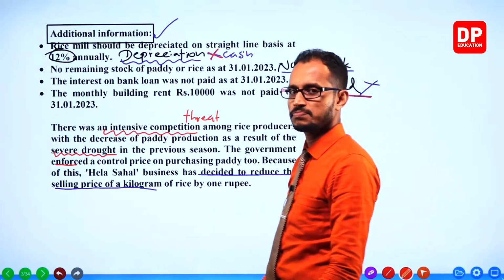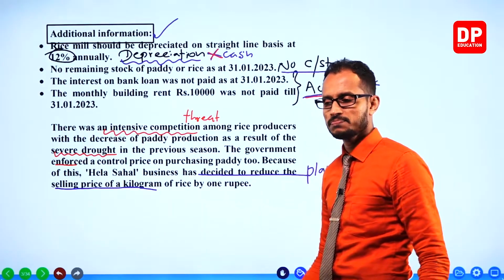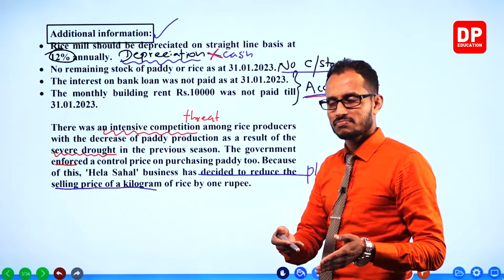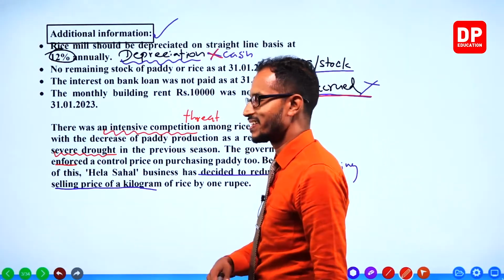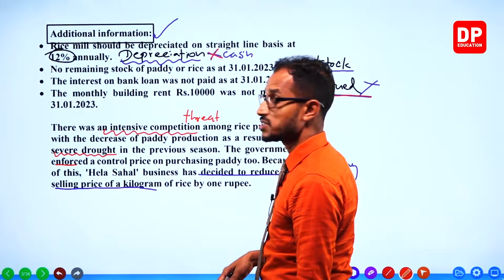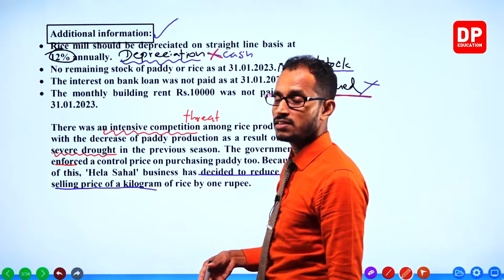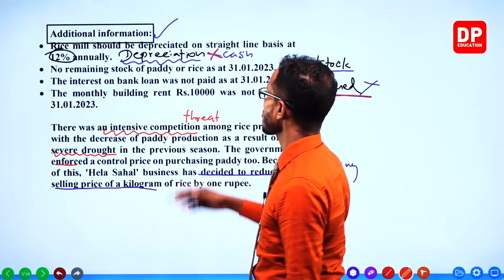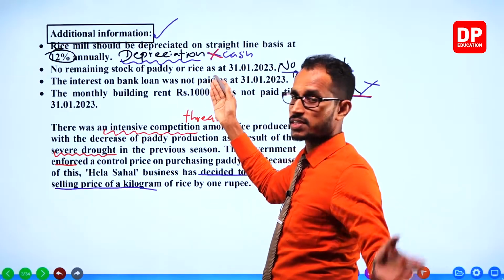It is non-monetary, without paying cash. It is considered an expense, but not a monetary expense. Cash is not involved.